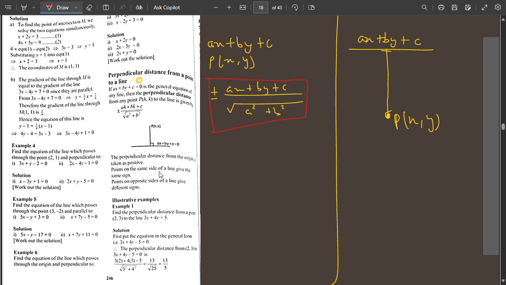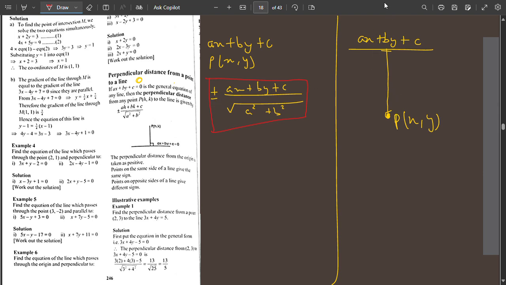When a point, the perpendicular distance from the origin is taken as positive, points on the same side of the line give the same sign. Sometimes it's positive, sometimes it's negative. If it's positive on this side, then it's negative on the other side.